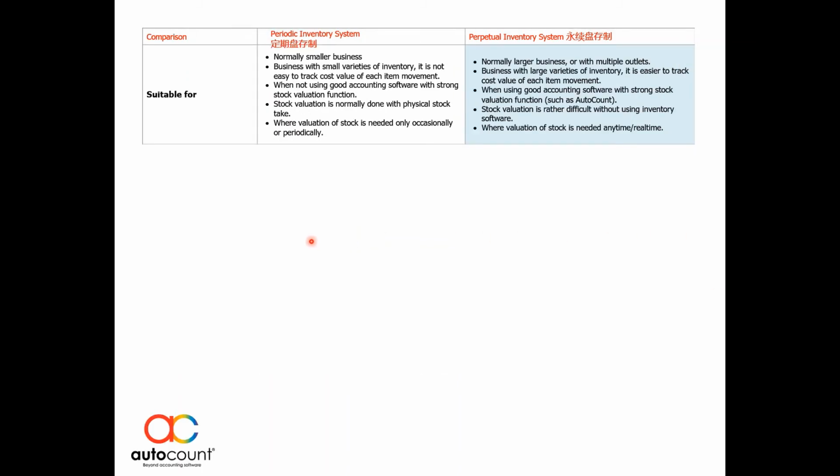Then lastly, we have these two methods, and which kind of organizations they are suitable for. Periodic inventory is normally for smaller businesses with small varieties of inventory, where it is not easy to track the cost value of each item movement.